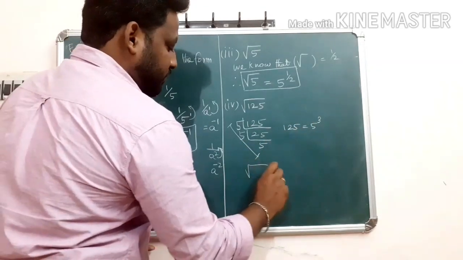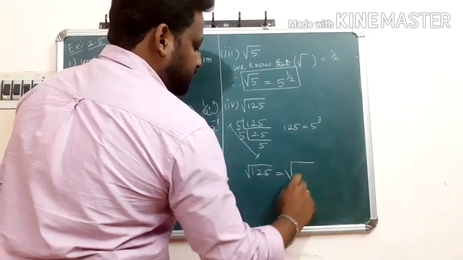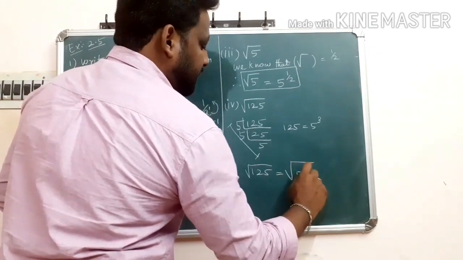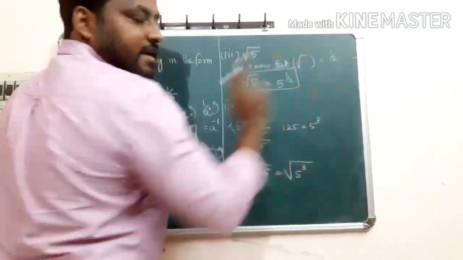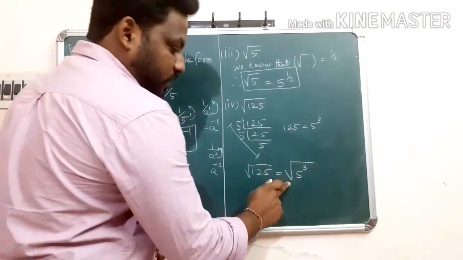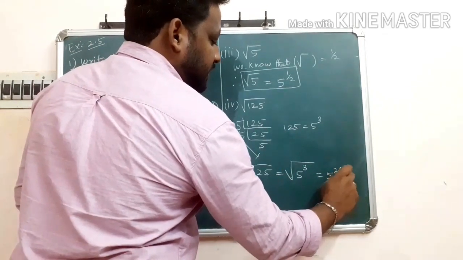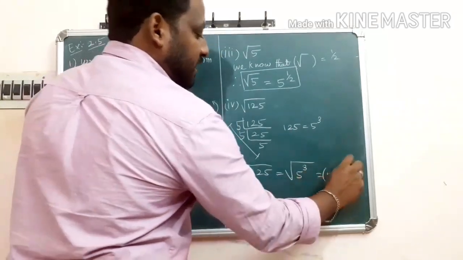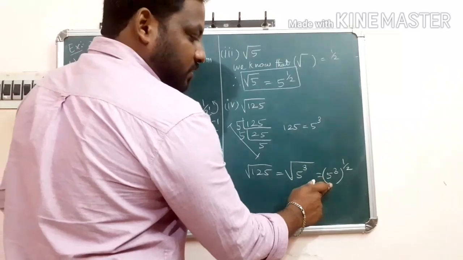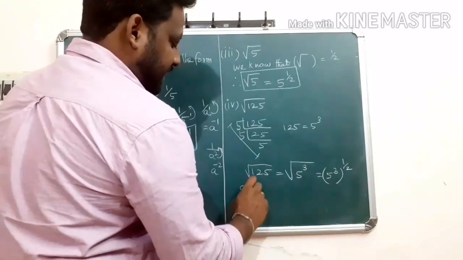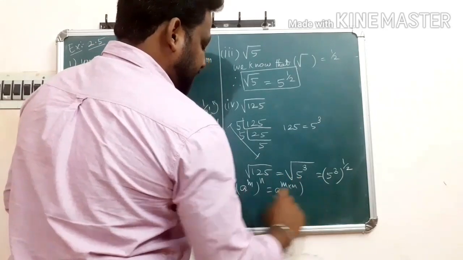So square root of 125 is equal to square root of 5 power 3. So we know that this square root value is equal to 1 by 2. So if you write the square root value as 1 by 2, it is 5 power 3 whole power 1 by 2. Here you have to use the a power m whole power n formula, that is a power m into n.